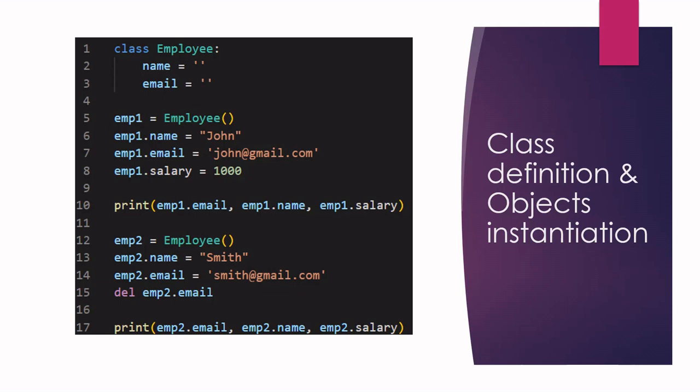It will add the property and the value to that object only. Now, emp2 is still based on the original copy of the class, so it doesn't have salary. So you may have two objects that are supposedly of the same type, but they may have different properties.